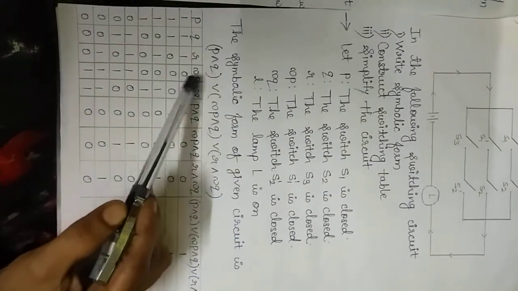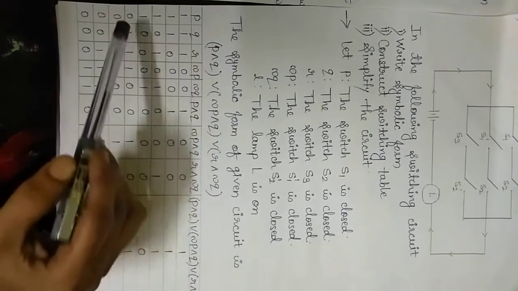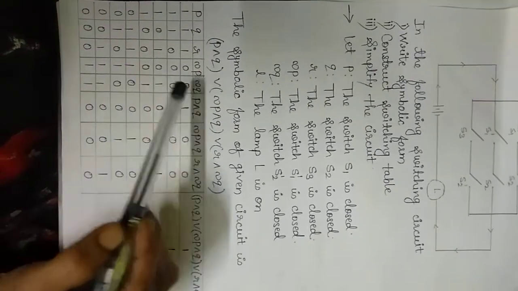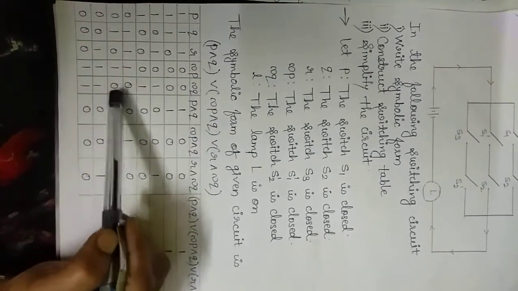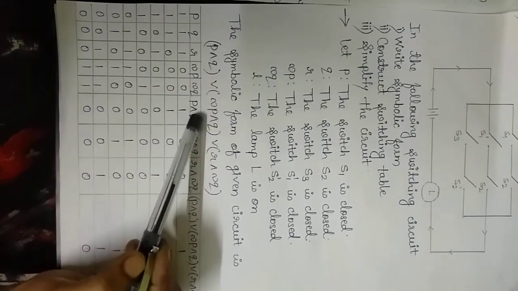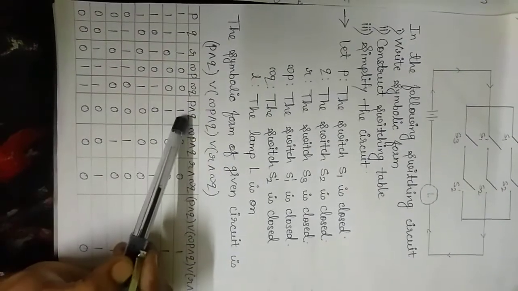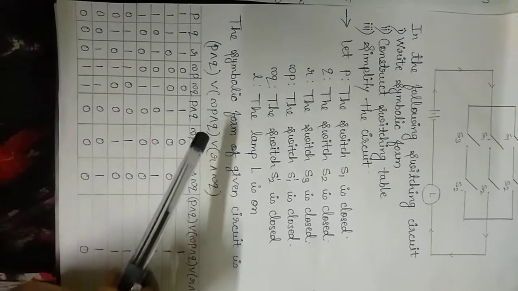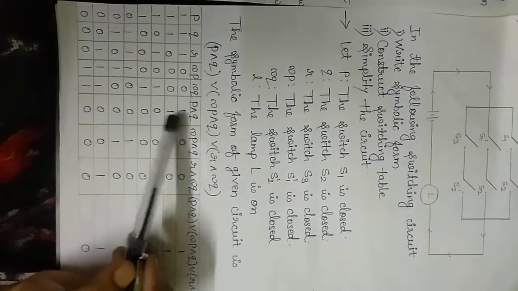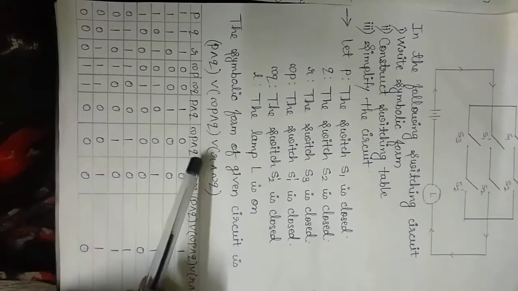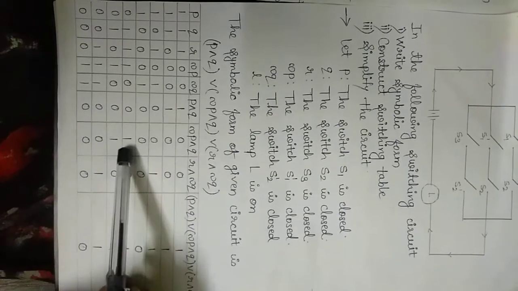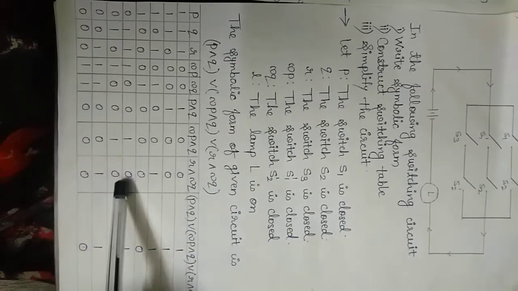Now negation of P means for 1 we will write 0 and for 0 we will write 1. Same in the case of negation of Q. Then P and Q, out of both the statement, if any one is 0, then answer is 0, otherwise the answer is 1. Here also the same concept, and here also the same concept.